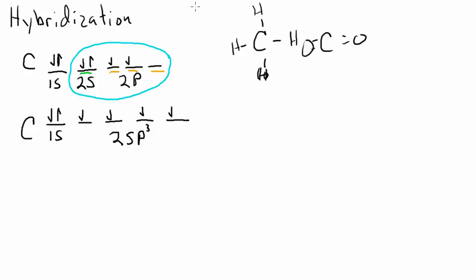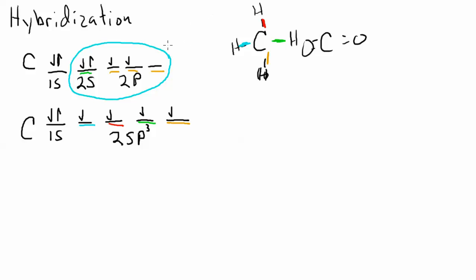And so this is how hybridization explains how carbon forms 4 bonds. It combines its s and p orbitals to make 4 hybrid orbitals.